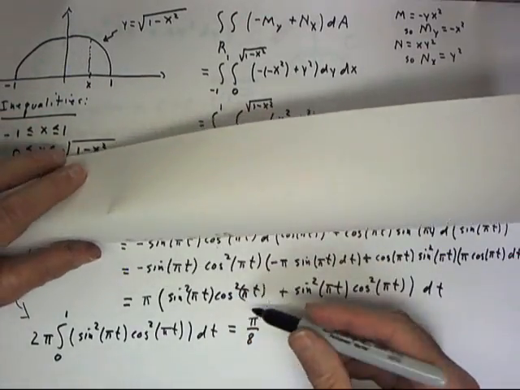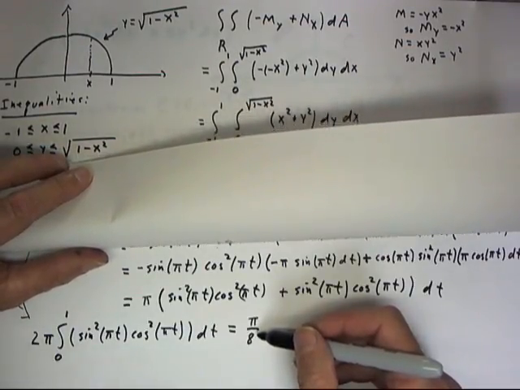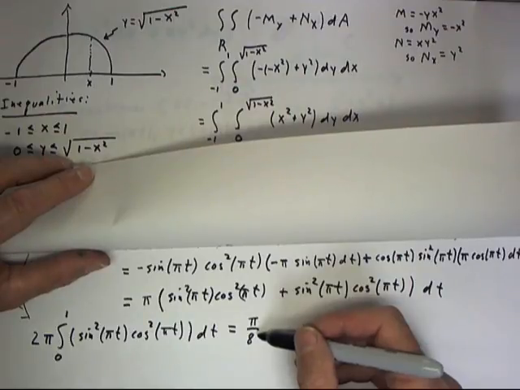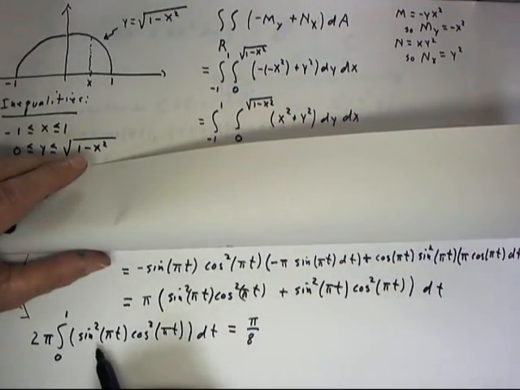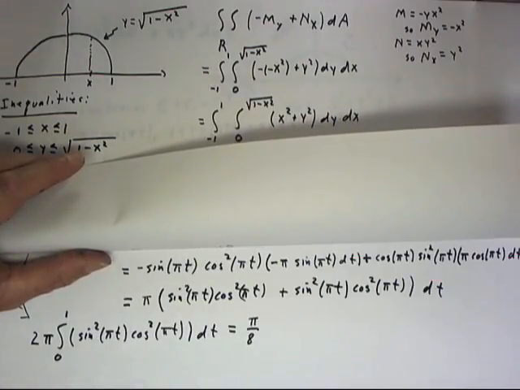Now there's actually a way to see this if you understand the integral as the average value of a function multiplied by the interval. The average value of sine squared over any interval where the sine goes from 1 to negative 1 or from 0 to 1 is going to be 1/2. The average value of the cosine squared is going to be 1/2.